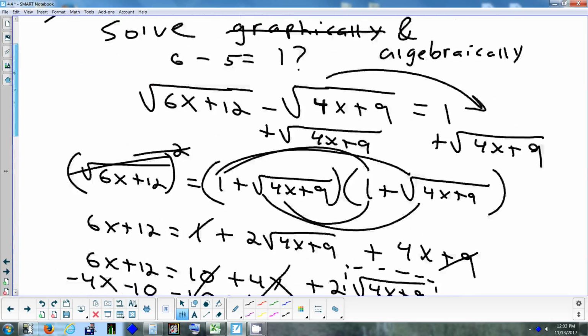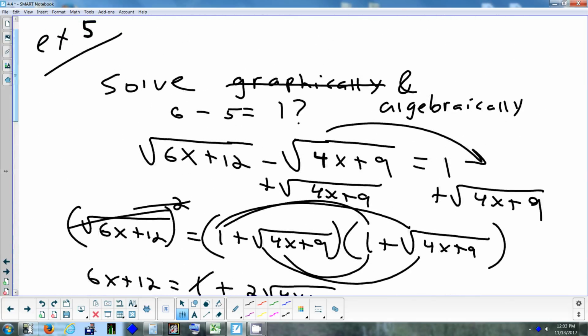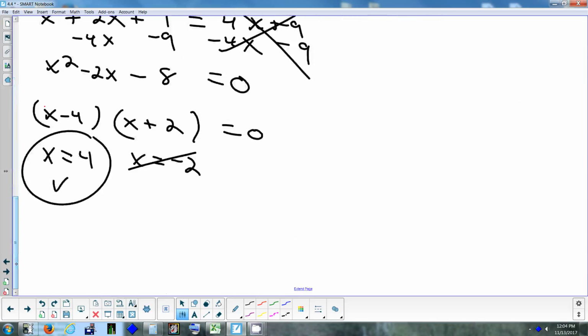Let's check negative 2. 6 times negative 2 is negative 12 plus 12. 0. 4 times negative 2 is negative 8 plus 9. 1. What's the square root of 1? 1. Does 0 minus 1 give you 1? No. We didn't do anything wrong, it's just that answer is extraneous.